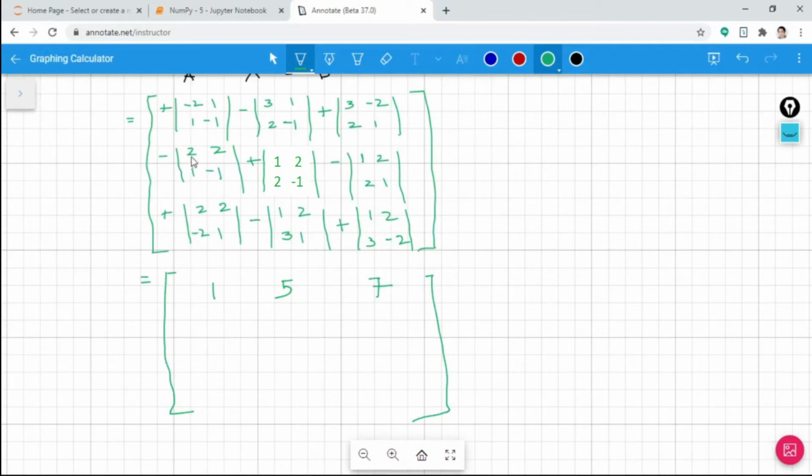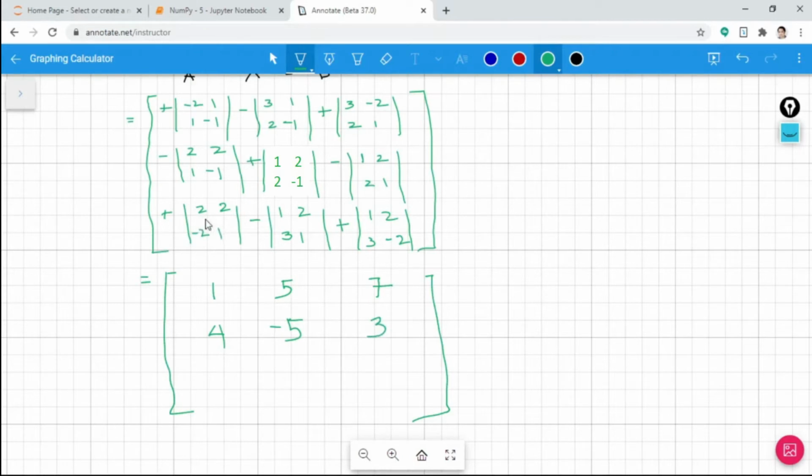Okay. I'll compute this mentally now. So this one is 4. This one is negative 5. I think this one is 3. So let me check. 1 minus 4 is negative 3, so this one is positive 3 now.